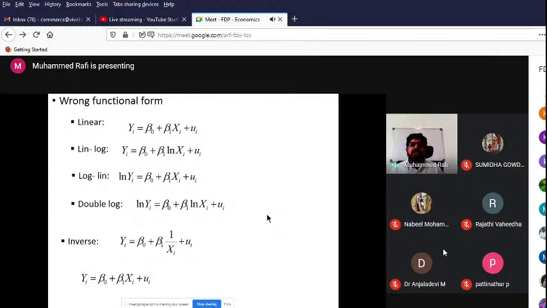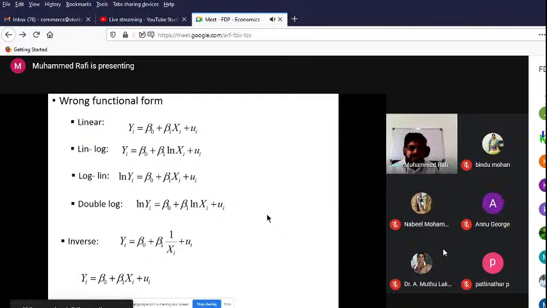This is an example of a wrong function. Because of the possibility of these reasons, we do include the error term. And we explain the econometric model to find out the relationship between y and x as Yi is equal to beta 0 plus beta 1 Xi plus ui.